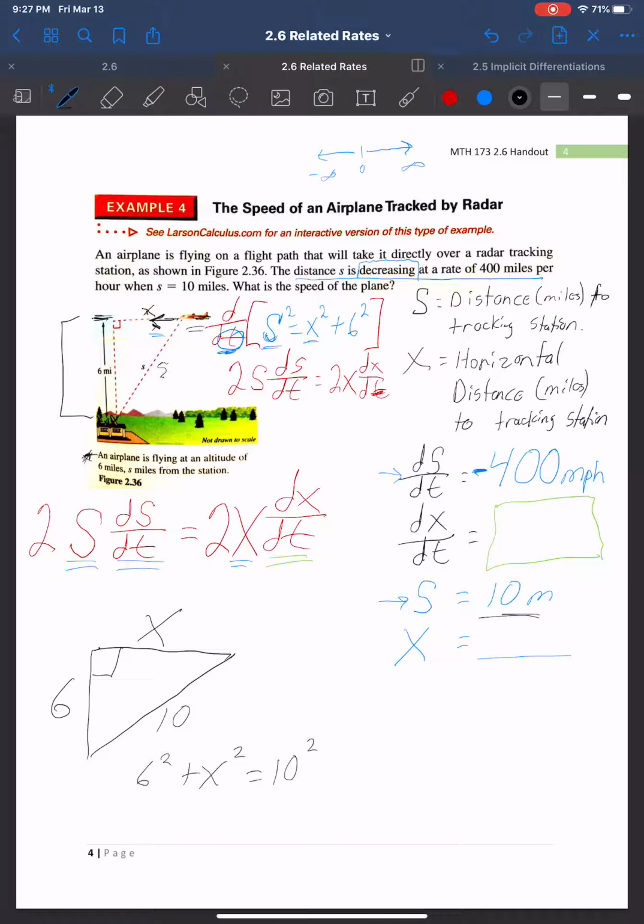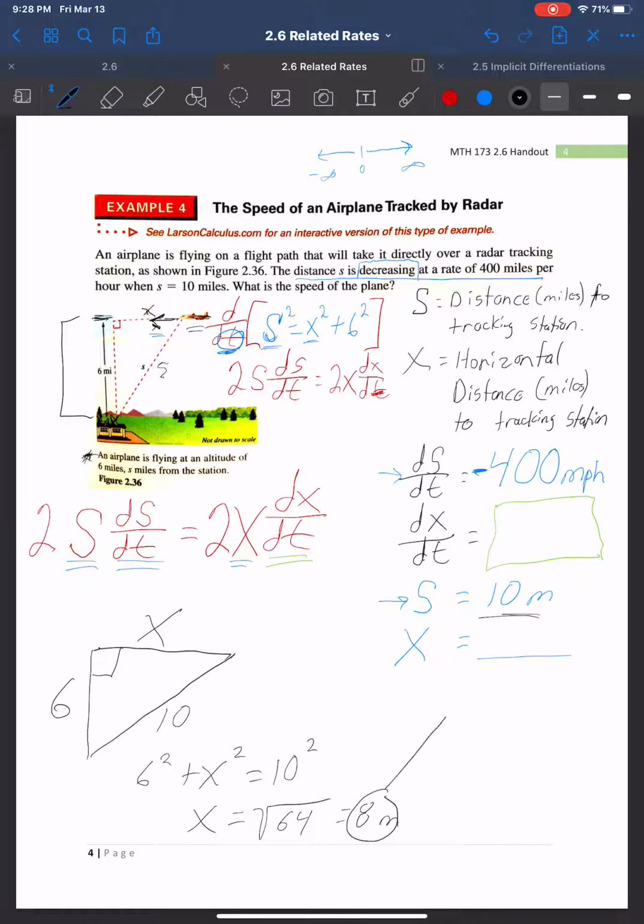Let me go ahead and finish that up. So that would be 36 and 100. And we got to take the square root of both sides. So x is going to be equal to, let's see here, 100 minus 36, which is 64. So that's 8 miles.